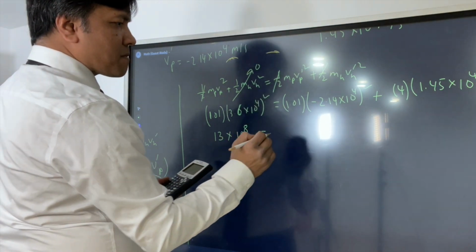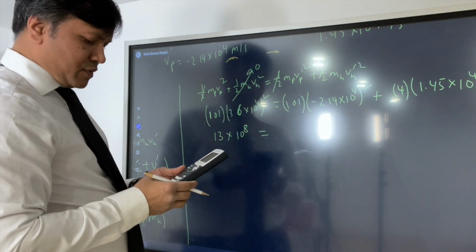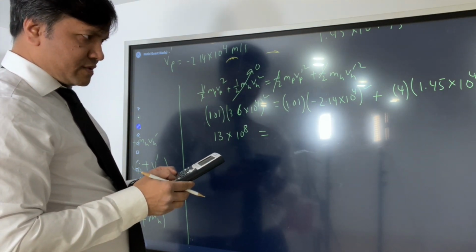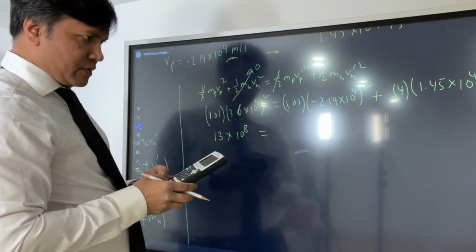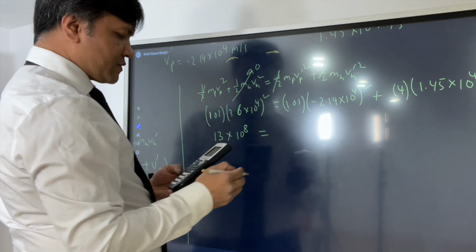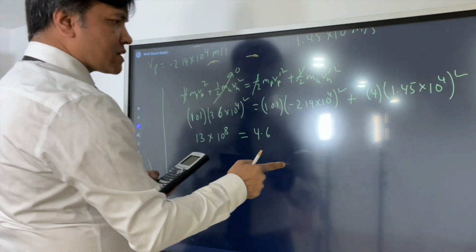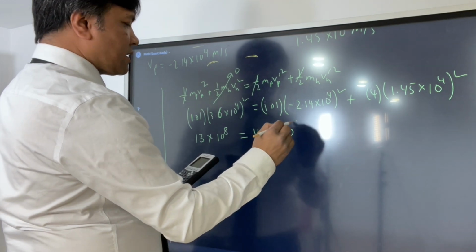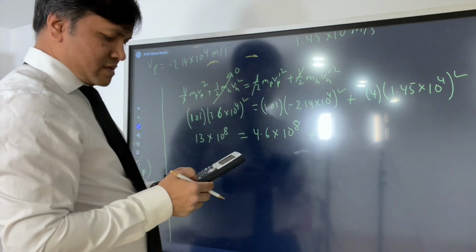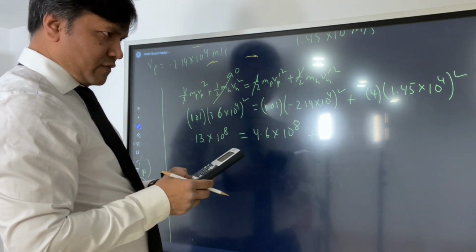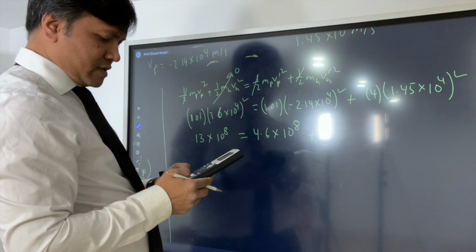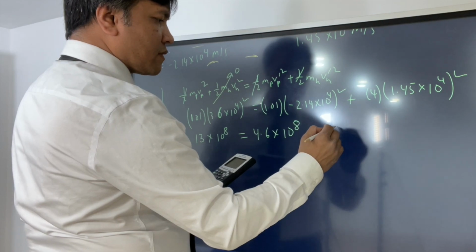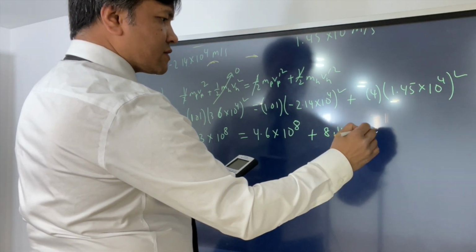That is equal to 2.14 squared times 1.01, which is 4.6 times 10 raised to 8, plus 1.45 squared times 4, which is 8.41 times 10 raised to 8.